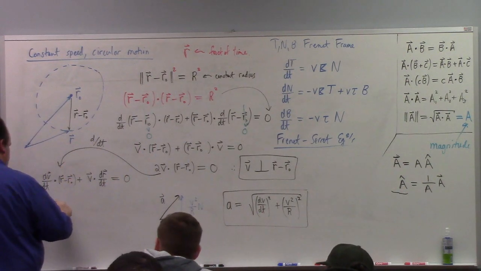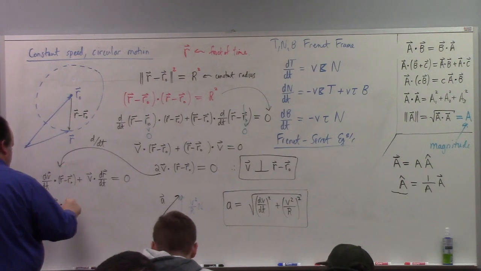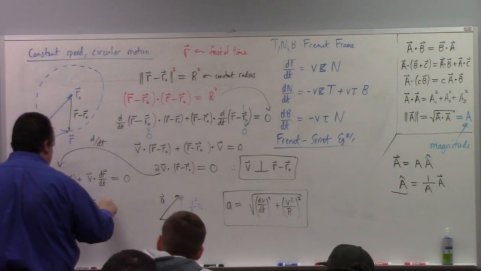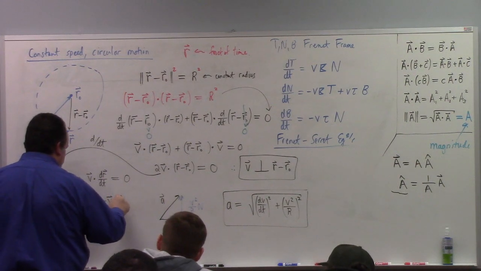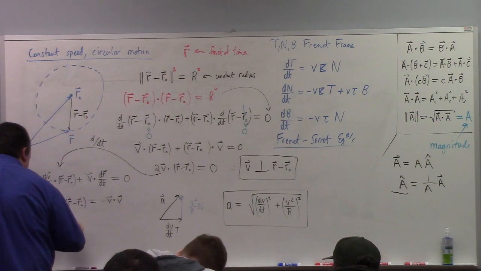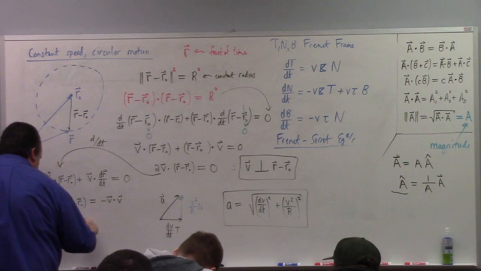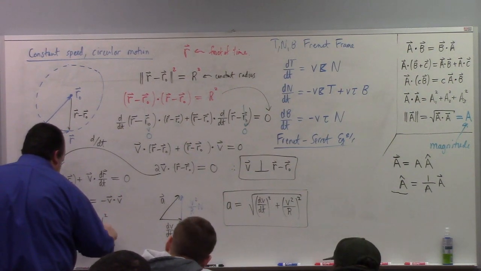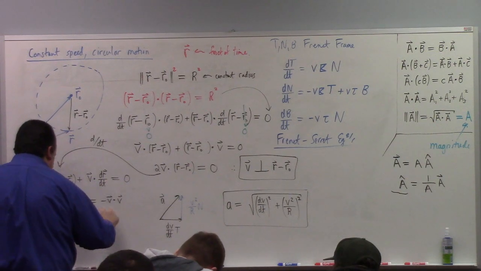Which is to say that the acceleration dotted with (r minus r naught) is equal to minus v dot v, right? In other words, the acceleration dotted with, let me call it r hat, is equal to minus v squared divided by r.